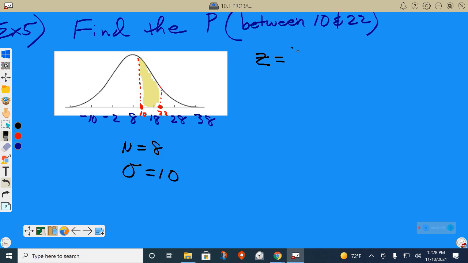Z-score is whatever the data value is, minus the mean, divided by sigma. So I'm going to take the z-score of the lower 10. Let's go 10 minus the mean, which is 8. Standard deviation is 10. Nice.